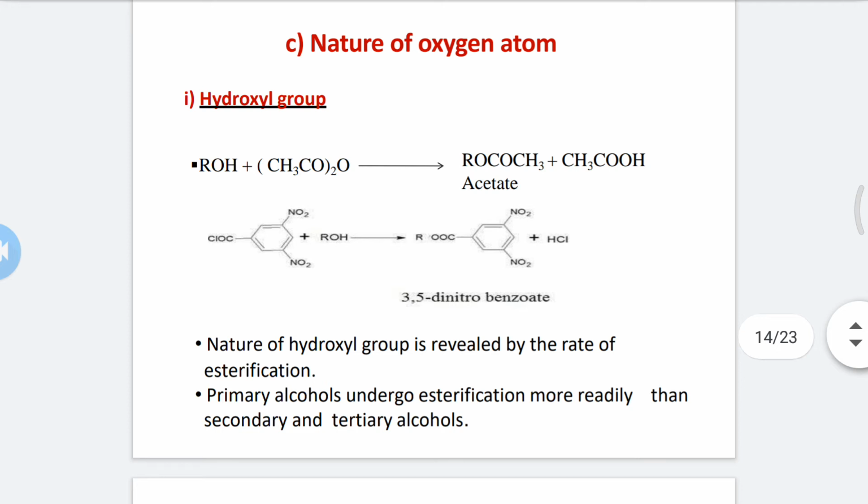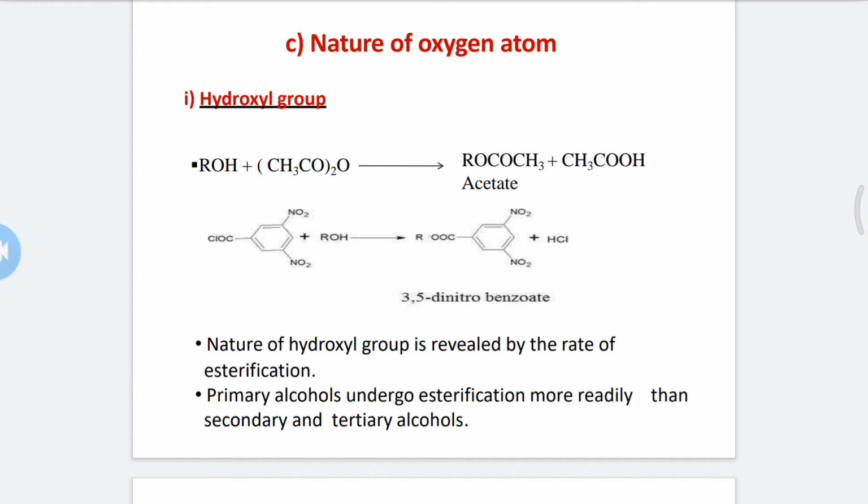Next, the nature of oxygen atoms present in terpenoids. For example, the hydroxy group. Suppose an alcohol reacts with an anhydride to form an acetate and an acid. For example, a benzene ring containing nitro groups and an acyl group; this acyl group reacts with the alcohol to form a 3,5-dinitrobenzoate, meaning an esterification reaction occurs.